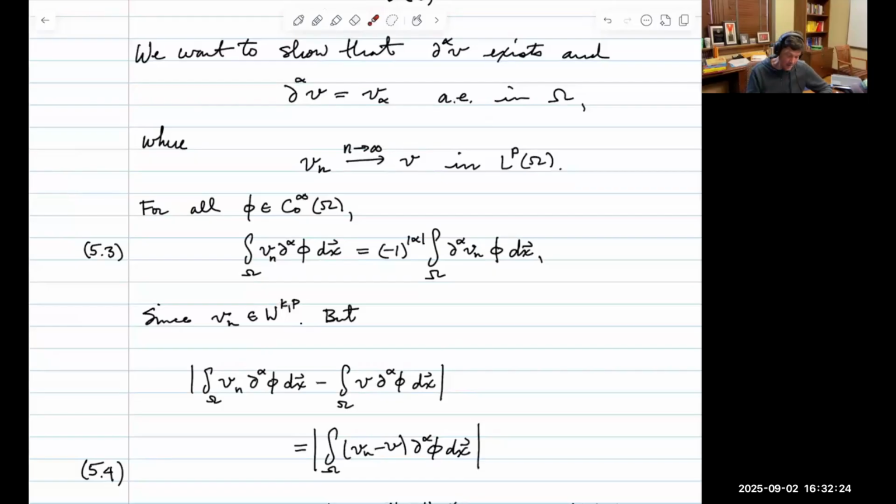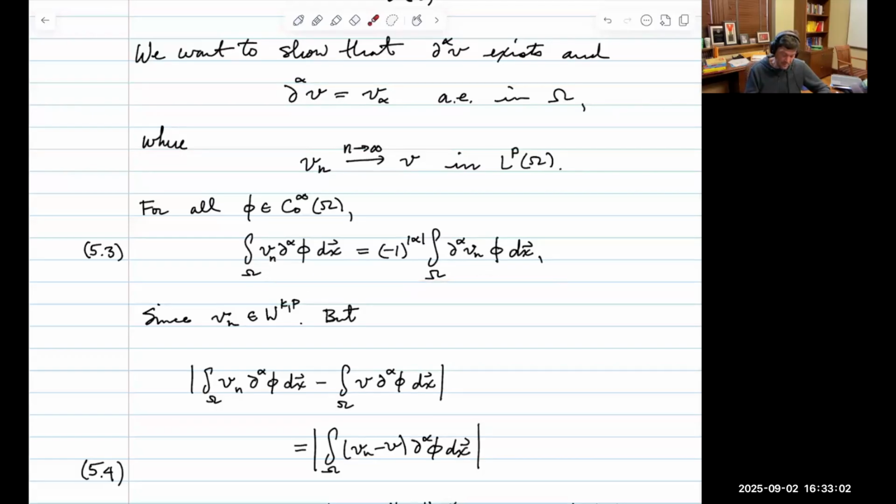For all phi in C0 infinity, these are our so-called test functions, compactly supported C infinity functions, then because each of the Vn's is alpha partial differentiable for all orders up to and including order k. All right, so that's what we mean by that statement in symbols.